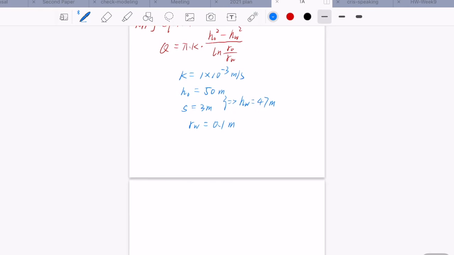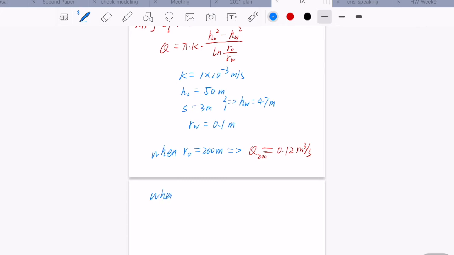And when R0 equals 200 meters, we can determine that the discharge Q sub 200 is equal to 0.12 cubic meters per second.